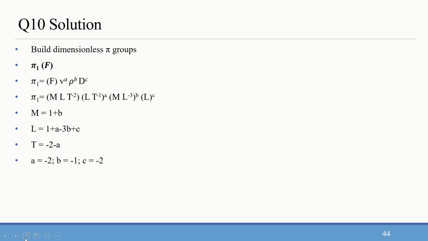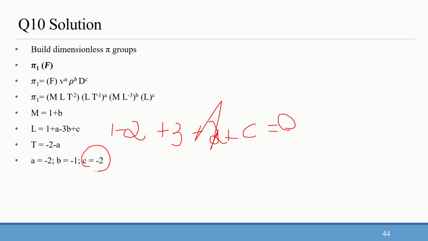We substitute both of them in the L term: 1 plus a minus 3b plus c equals 0, so 1 minus 2 plus 3 plus c equals 0. That is 2 plus c equals 0, so c is equal to minus 2. So that is how we get the equation.